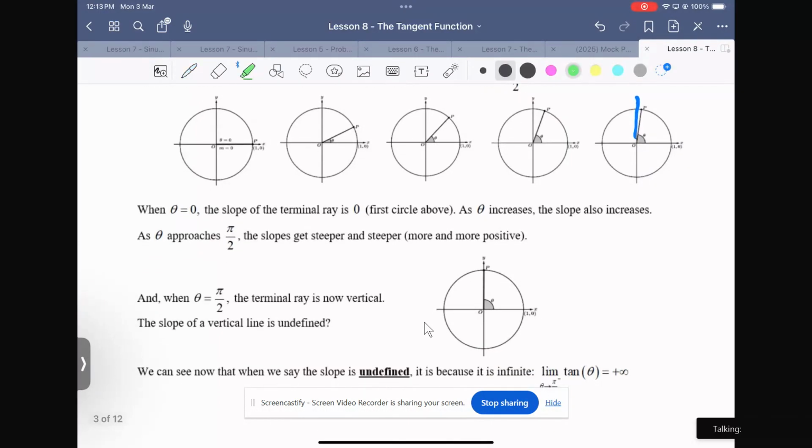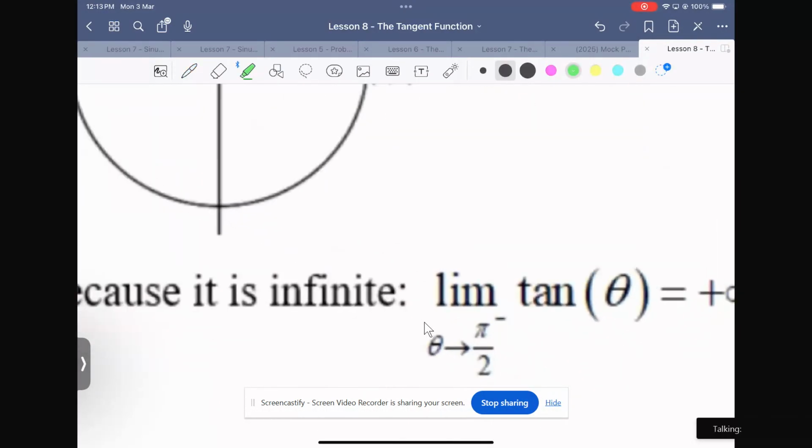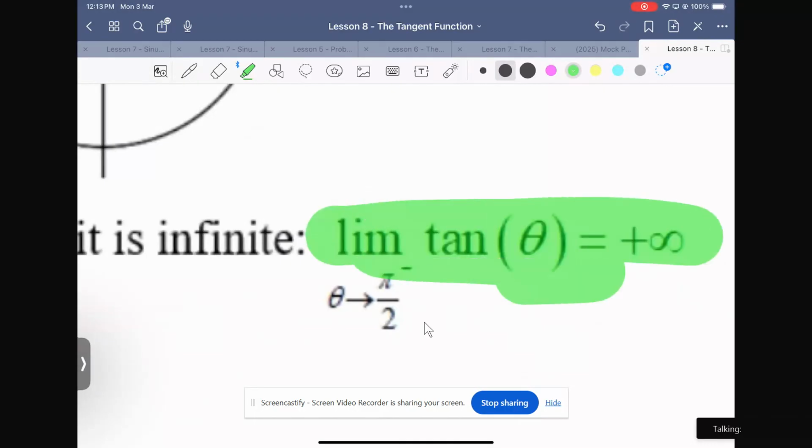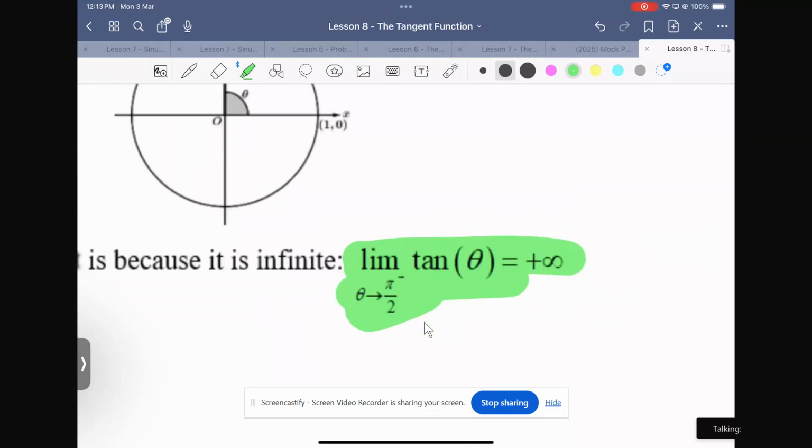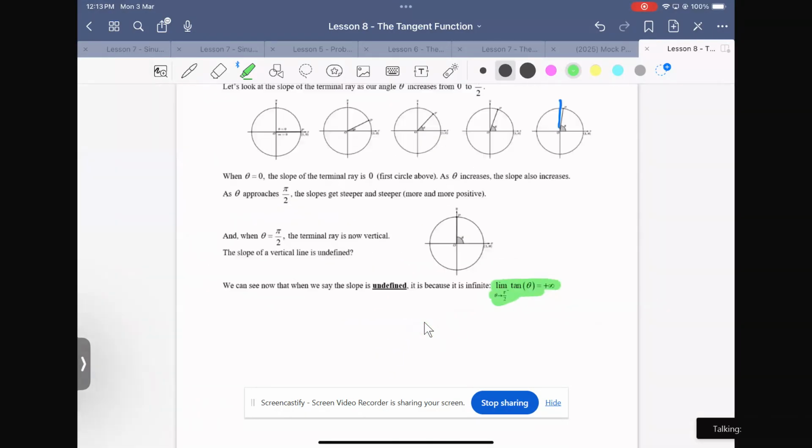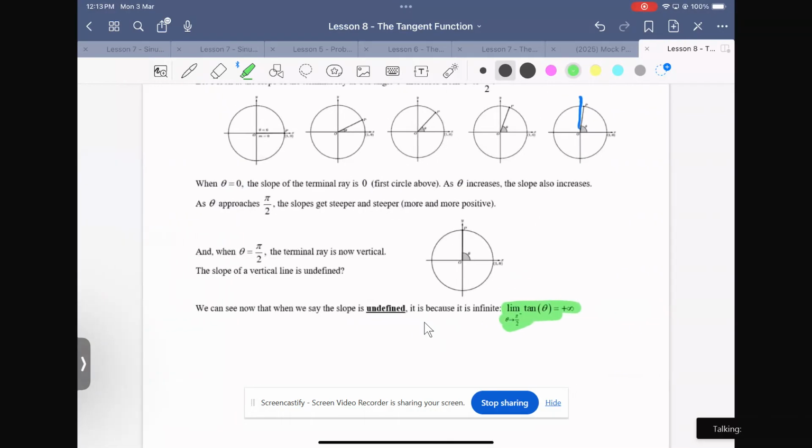So let's just have a read of this limit notation here. It's saying the limit as theta goes to pi over 2 from the left-hand side, or from values below pi over 2, the tangent of theta will approach positive infinity. So it's going to get bigger and bigger until it becomes infinite.